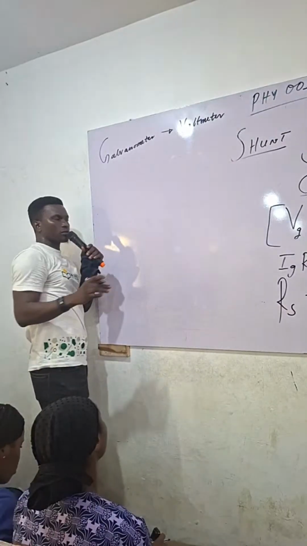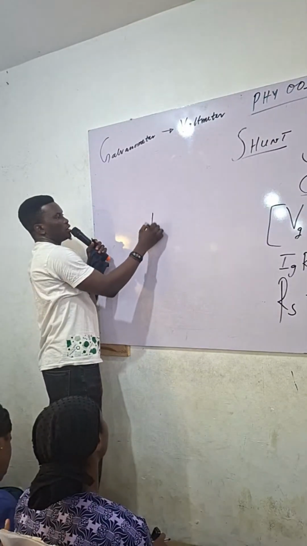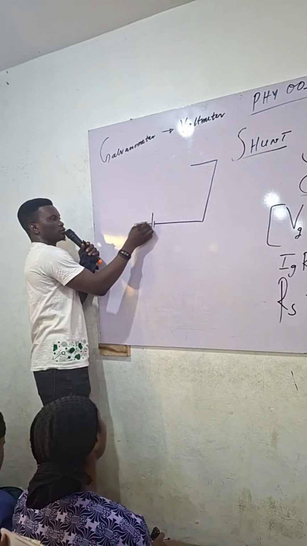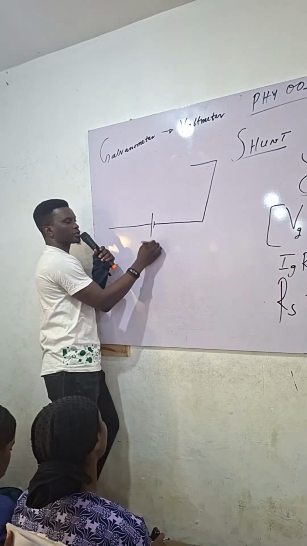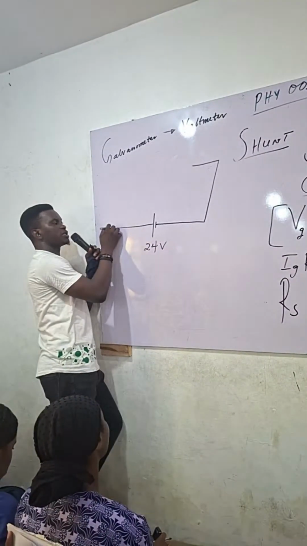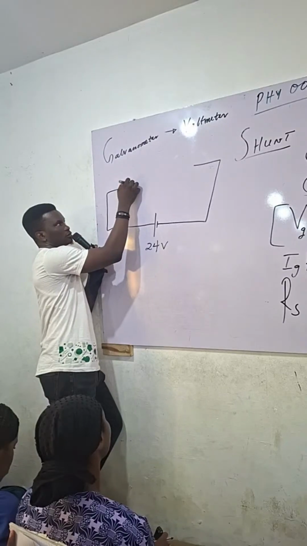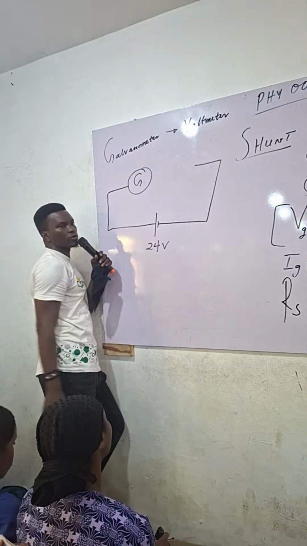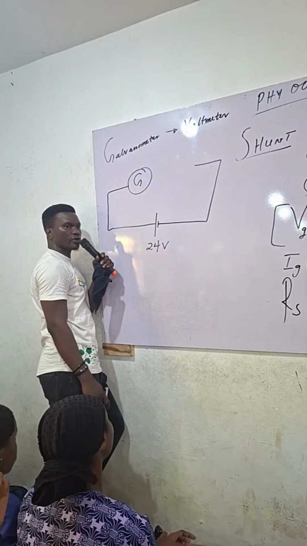This one now, let's say I have a potential of like 24 volts and I know my galvanometer cannot carry it. So I've connected the galvanometer but it cannot carry that voltage. It's too much for it.